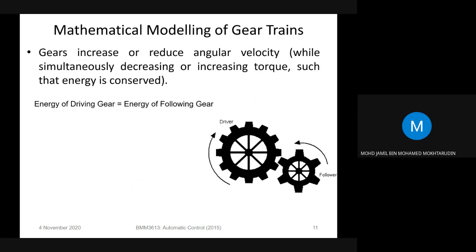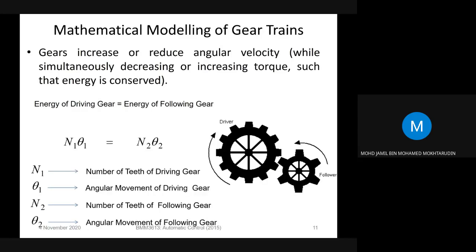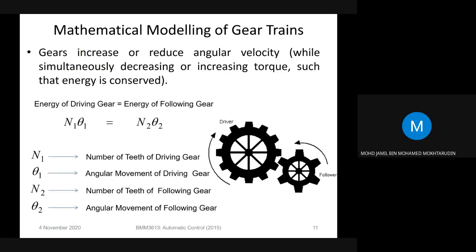Okay, so mathematical modeling. Gears increase or reduce angular velocity while simultaneously decreasing or increasing torque. So dengan syarat the energy must be conserved. Okay, so to model the gears, basically you use the concept of conservation of energy. So the energy of driving gears equals energy of following gears.